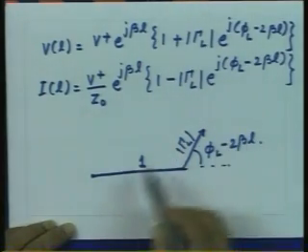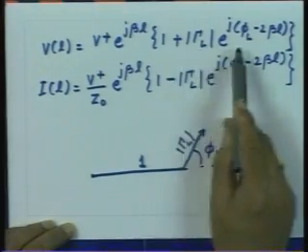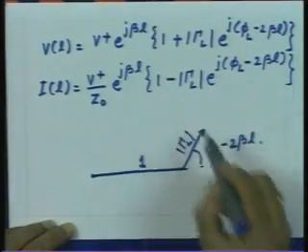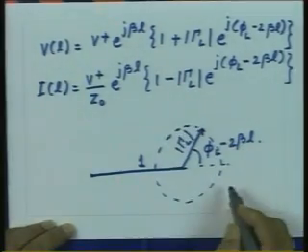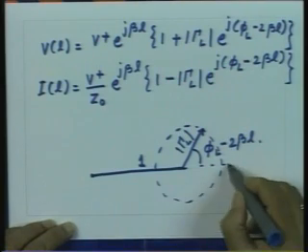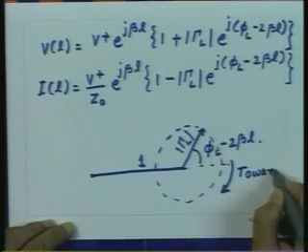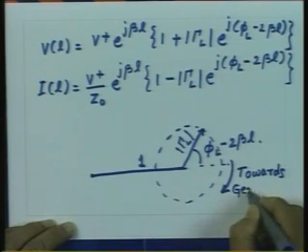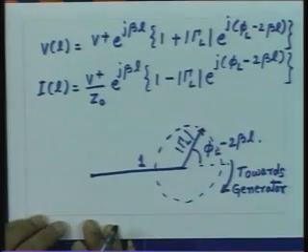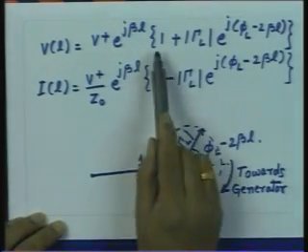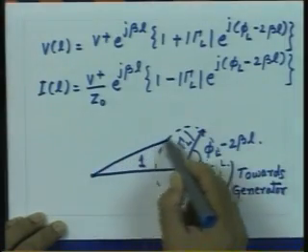And as I move toward the generator, the phase becomes more negative, but the magnitude of this remains constant. That means this whole quantity represents a circle where the point moves on this circle as the L changes. So, this motion around this is toward the generator. And the magnitude of this term in the curly brackets is given by the vector joining these 2 points.